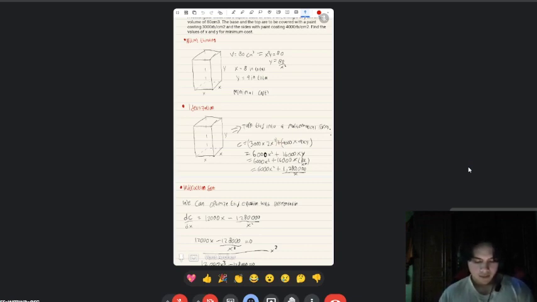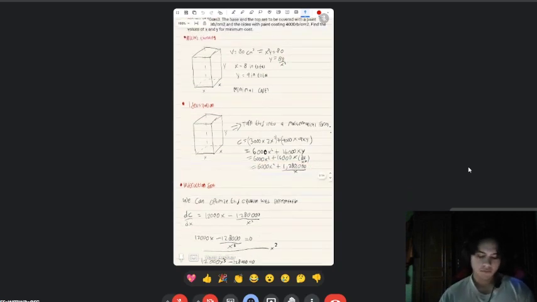And we can calculate that and get that the simplified form would be 6,000 x squared plus 1,280,000 divided by x. As we can see here, the y we replace from the y that we get from the initial thinking, that is 80 divided by x squared, and the simplified form would be this.